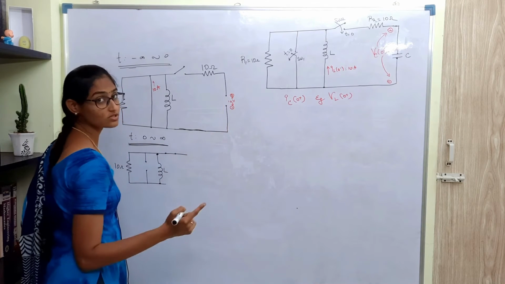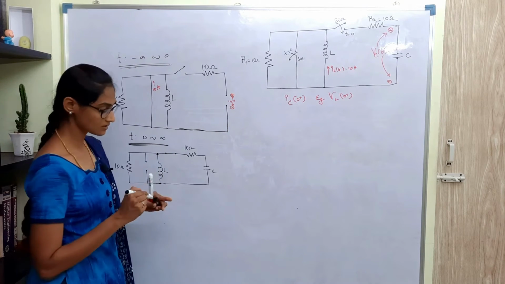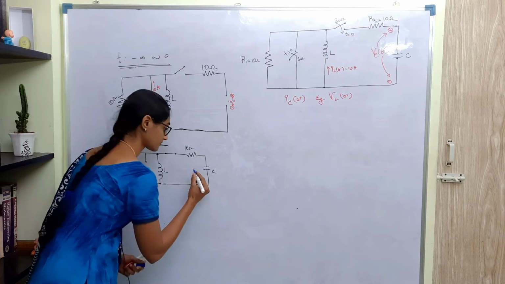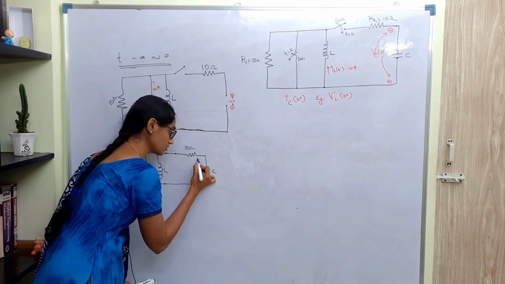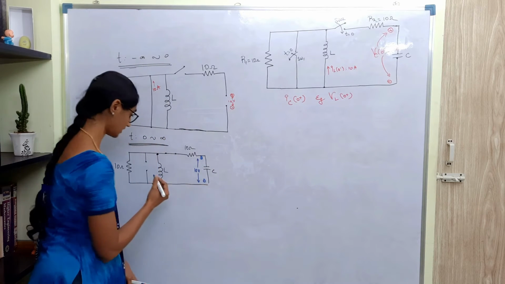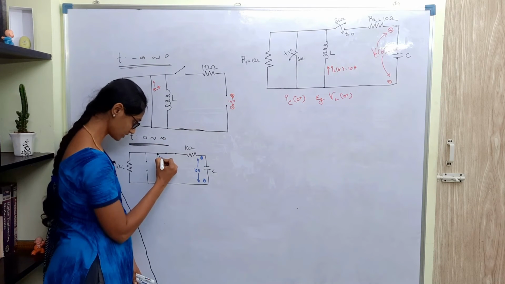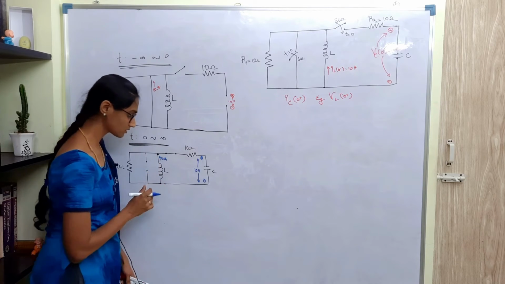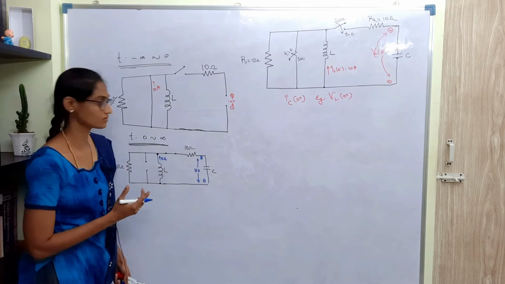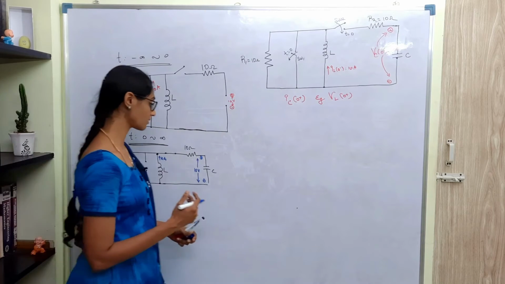The switch was closed before t equal to 0, so this capacitor will have charged up to 10 volt. So across these two terminals, you will have a voltage of 10 volt, and then this inductor will be supplying 10 ampere. So this is equivalent to considering a voltage source here and a current source here. So in that case, what will happen?